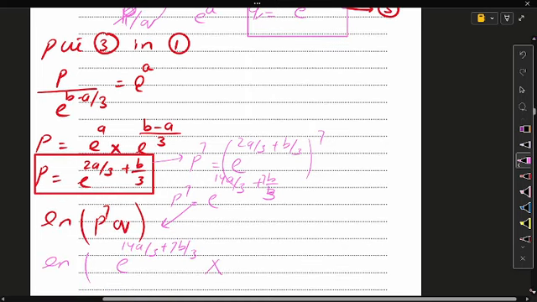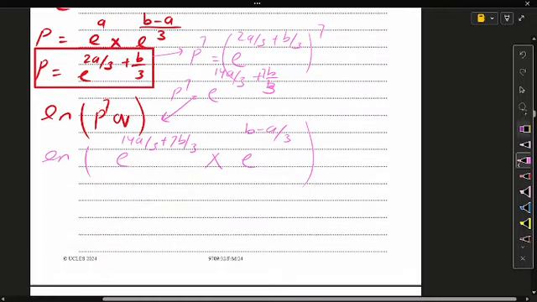So times by e raised to the power (b minus a) by 3. That division is with whole of them, b minus a divided by this 3. Now this is ln of that, so you can see ln of e raised to the power 14a by 3 minus 1 by 3 of a.